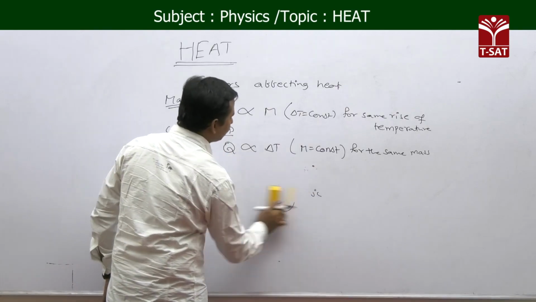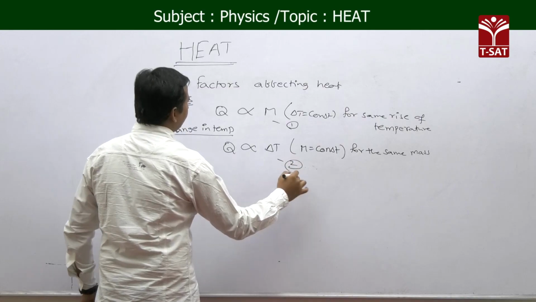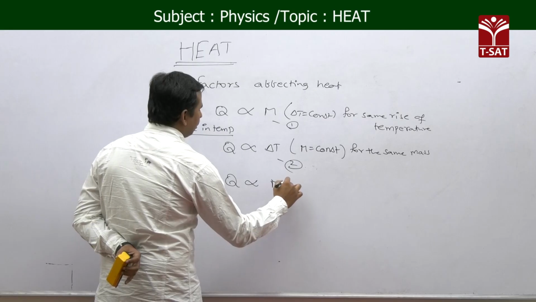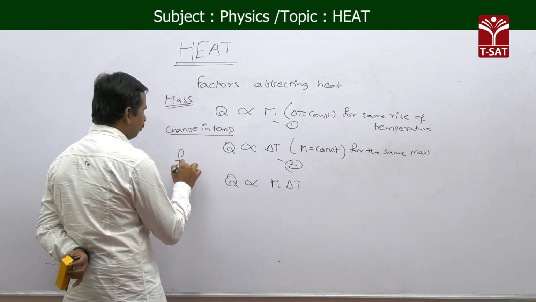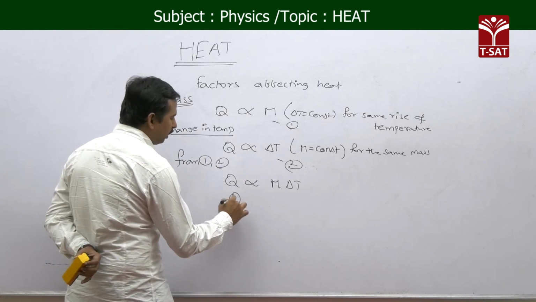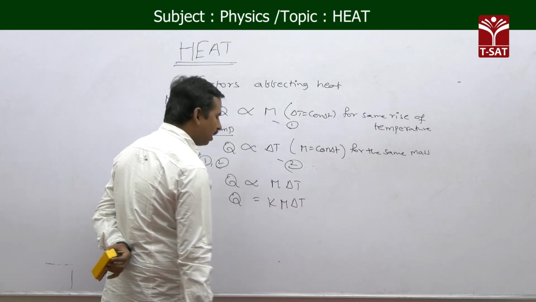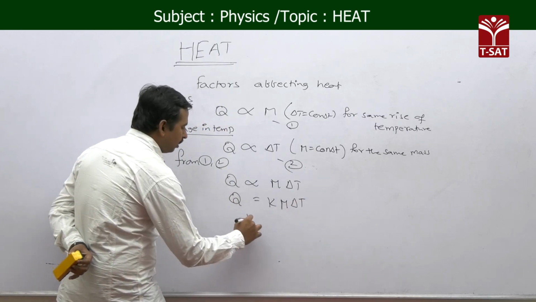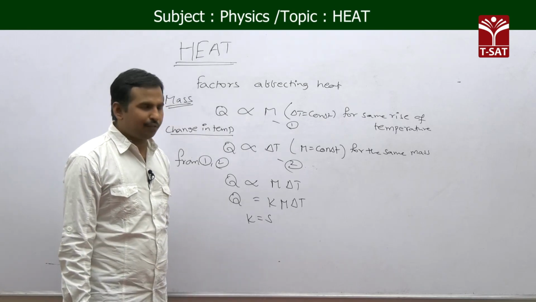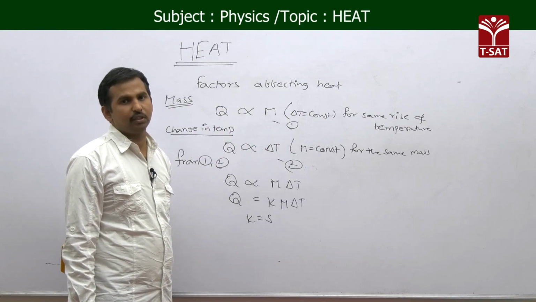Then if you combine both statements, 1 and 2, we get Q is directly proportional to m and delta T. On taking out that proportion, we get a constant K, so Q is K into m into delta T. That K we call the specific heat capacity, which we discussed earlier as the nature of the substance.